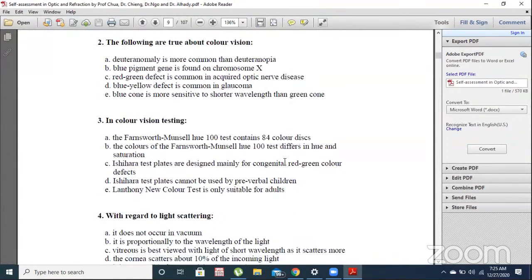So I'll ask you a basic thing. You are testing color vision in a patient, and most of the time you examine color vision with the Ishihara chart. Tell me what is the proper distance for examining color vision?